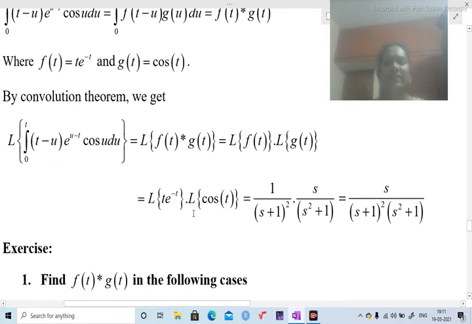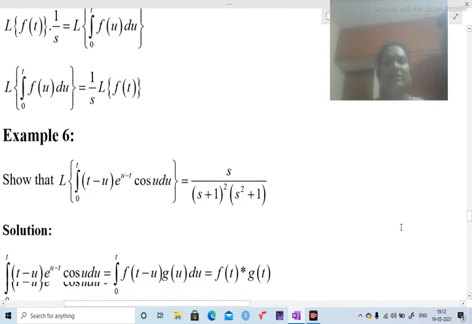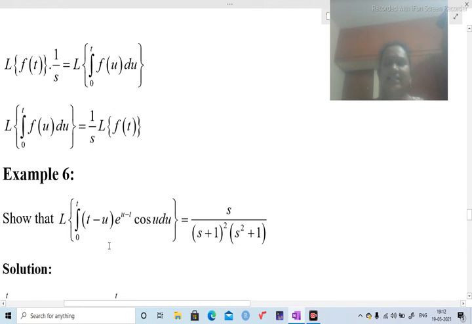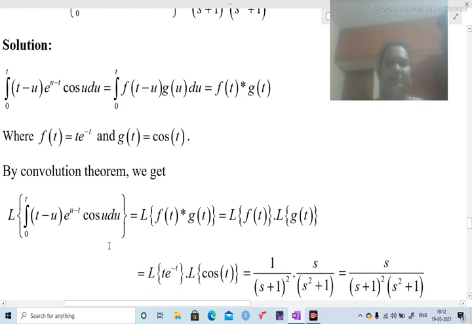Substitute. Then I am going to get L of t into e power minus t into L of cos t. The value of L of t into e power minus t is 1 by (s plus 1) whole square. The value of L of cos t is s by (s square plus 1). Multiply. Then 1 into s is s by (s plus 1) whole square into (s square plus 1). Therefore, the required Laplace transform is completely proved.